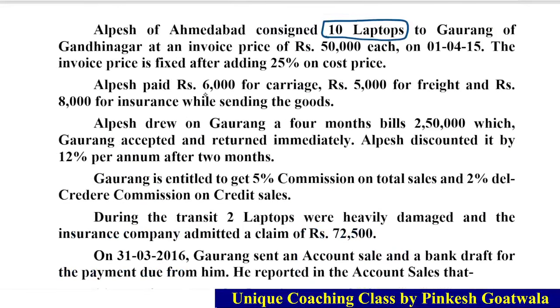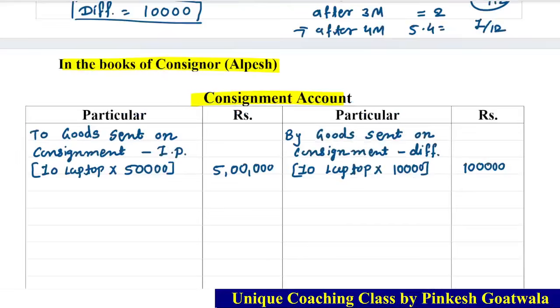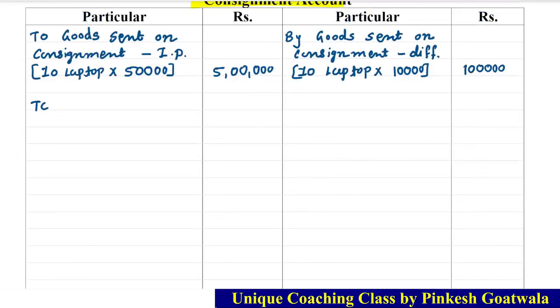Next, Alpesh, the owner, the consigner, paid 6,000 for carriage, 5,000 for freight and 8,000 for insurance while sending the goods. So it will be debit side to cash account. Okay, whatever expense was done by him, we have to show each expense.